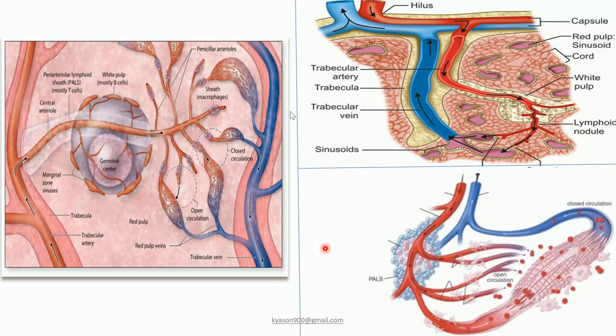In fetal life, the spleen is going to be very important in hematopoiesis, formation of blood cells. That's the main function of the spleen in fetal life. In adult life, we've mentioned the functions, immune surveillance, recycling of red blood cells, but also we've said the spleen can be helpful in cases of hemodynamic stress.